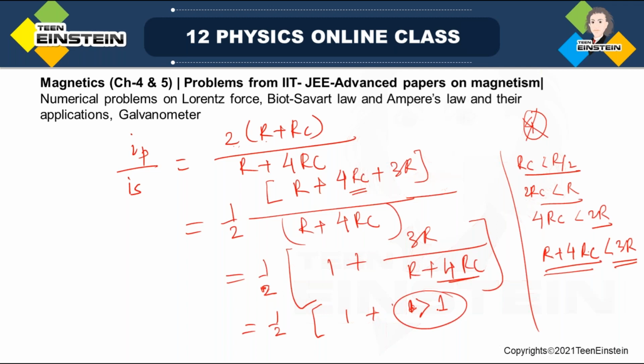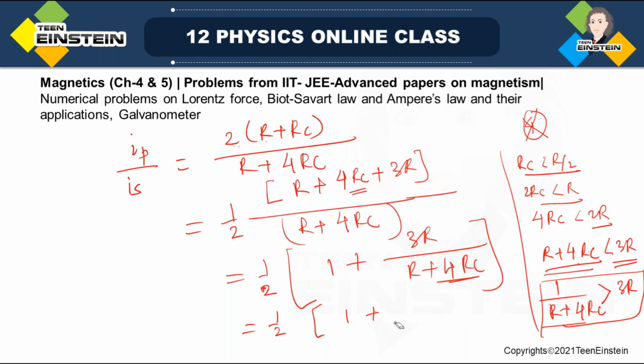So from here, okay, one more thing I need to understand from here. Okay, just 1 minute. So if this is this, so we will take actually 1 plus R by 4RC. This is actually greater than 3R. This also is another inference. Even if it is this, then also at least we have a quantity which is actually less than 1.